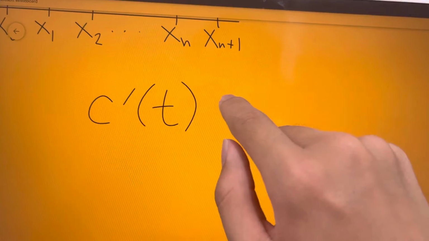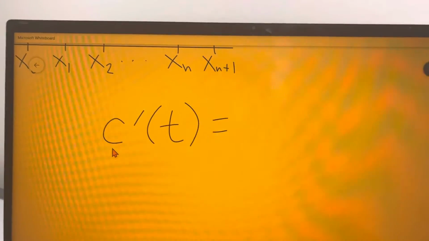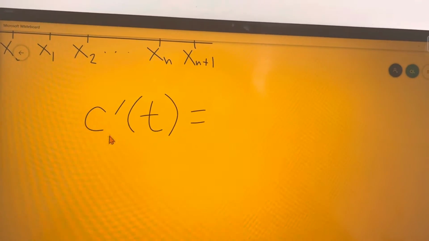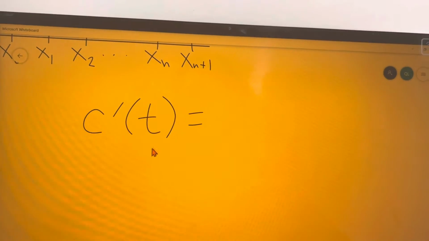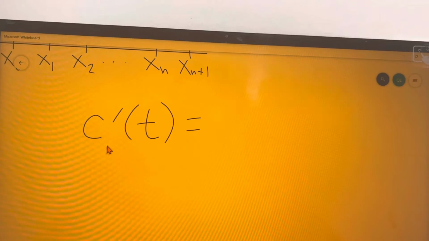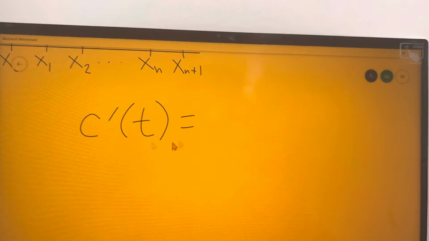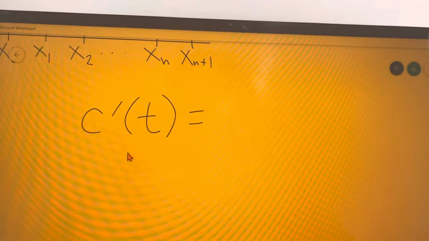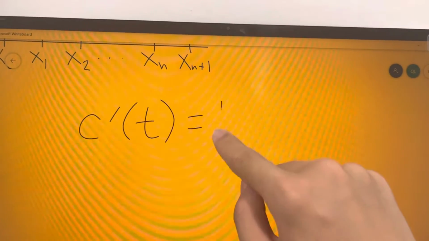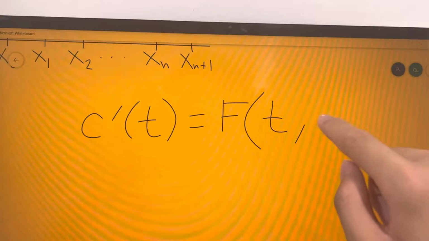You're probably wondering why I picked these variables. We're going to say we have some function c, which stands for color, and if we input this t, then we get out a c, and basically this will tell us the color of the thing that we're inputting into our function. The derivative of this is going to be equal to some, I'm going to use big F here, of t, c.